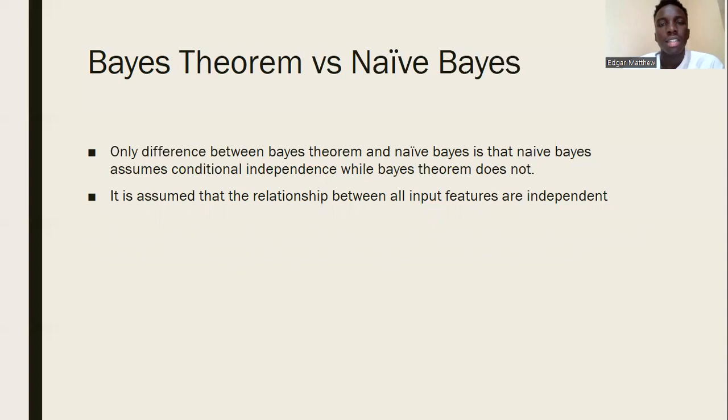Remember we said in Bayes' theorem we find the likelihood of something happening based on other dependent factors. So that's the difference: in Bayes' theorem, the item or instance whose probability you're trying to find is dependent on the factors you're considering, while in naive Bayes, all the features, all the factors are independent of each other.